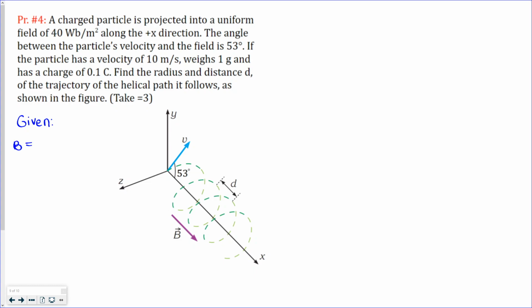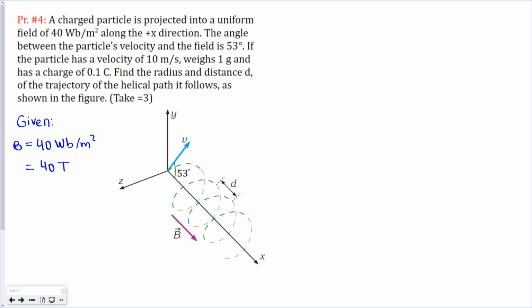Magnetic field is equal to 40 Weber per meter square. But guys, Weber per meter square is the magnetic flux density, and this unit is equivalent to the Tesla, so nothing changes. 40 Weber per meter square, it's the Tesla.